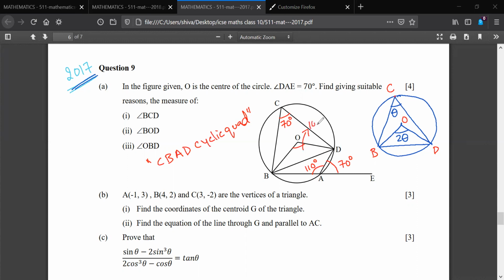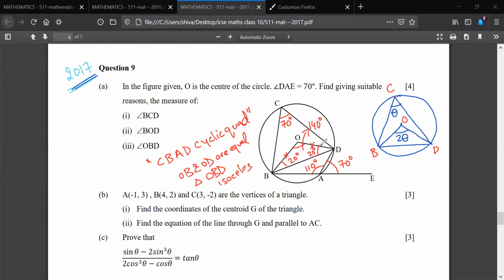Any doubt? No, sir. Now this and this are radius. OB and OD are equal. Triangle OBD is isosceles. Therefore, this angle would be equal to this angle. So this angle would be 20 degree and this angle will also be 20 degree.